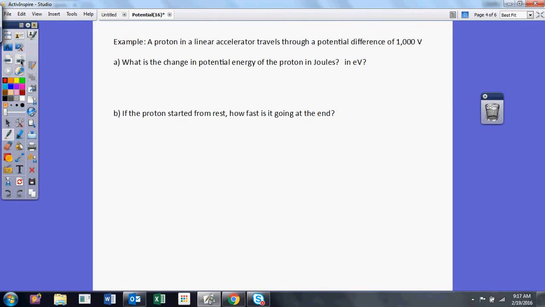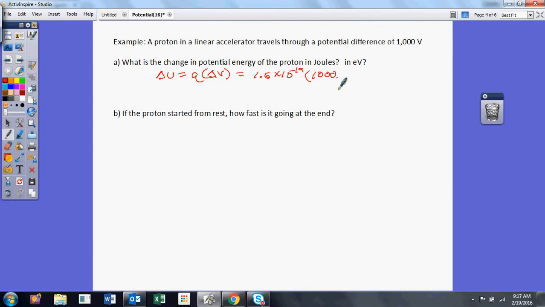So let's do a quick example. Let's say a proton is in a linear accelerator, and travels through a potential difference of 1,000 volts. We want to know what is the change in potential energy of that proton. So that's Q times the delta V. Again, the charge on a proton is 1.6 times 10 to the negative 19th coulombs, times 1,000 volts.